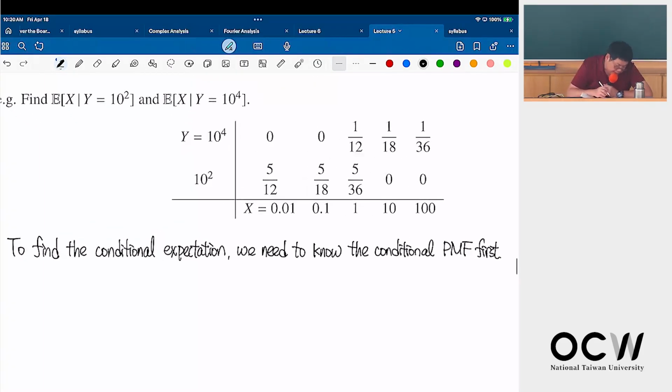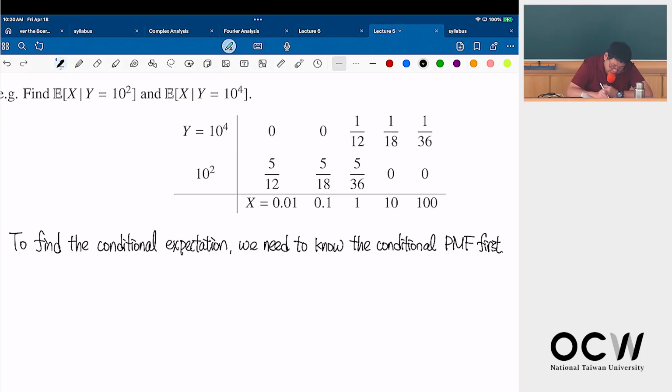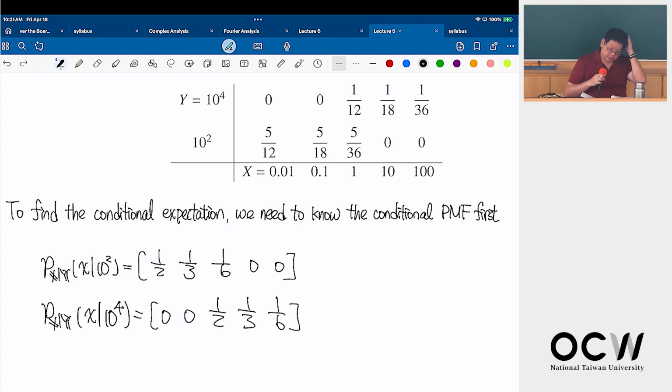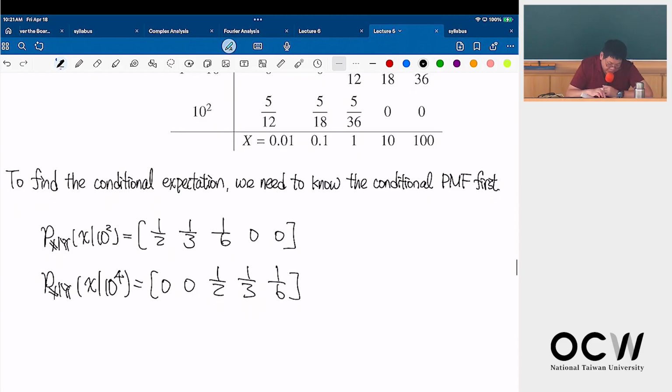First, x given y equals 100. We found that from the previous example: 1/2, 1/3, 1/6, and 0, 0. And then the conditional PMF at y equals 10 to the 4th: 0, 0, 1/2, 1/3, and 1/6. Then we can find the conditional expectation.